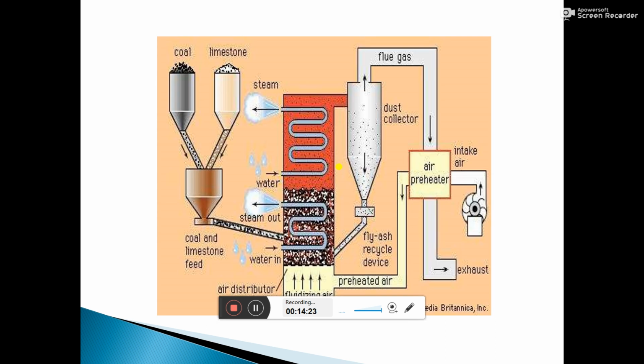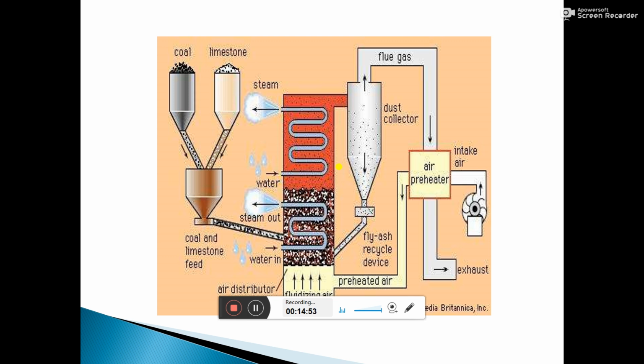This is a schematic diagram of a coal combustion. Here, coal and limestone are fed into a fluidized bed, and fluidizing air is pumped from the bottom. Thus, a fluidized bed is created, and combustion takes place inside the fluidized bed.